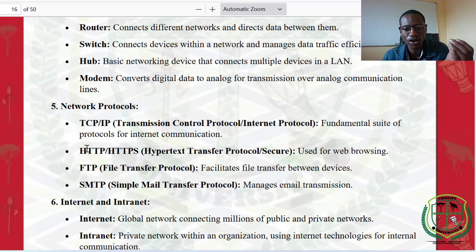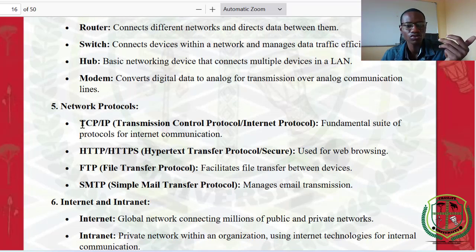When you are browsing, you use HTTP or HTTPS. So in your browser there is HTTPS all the time at the beginning of the link.